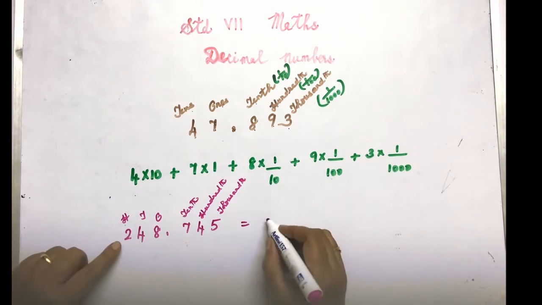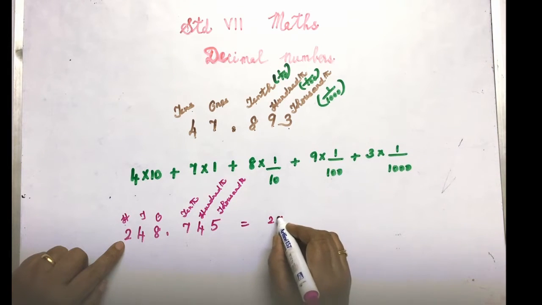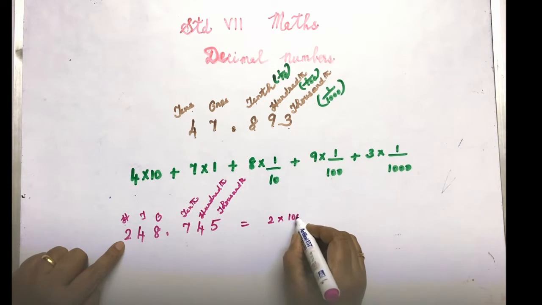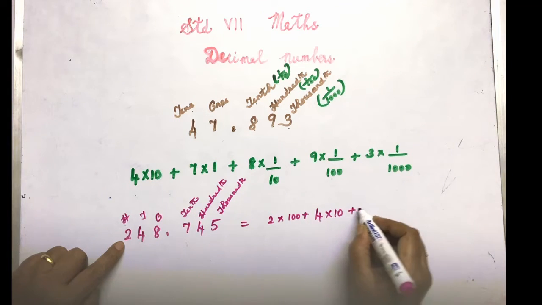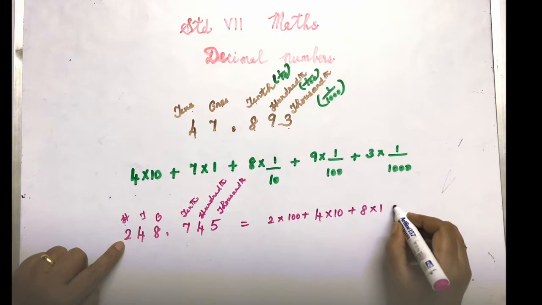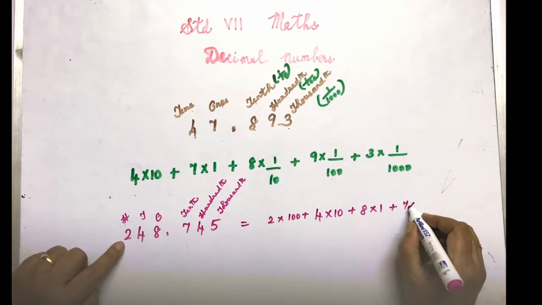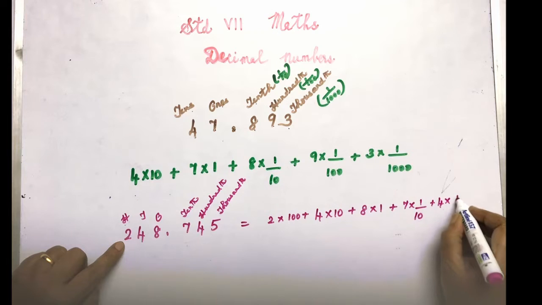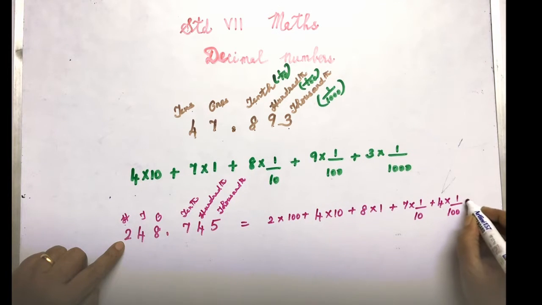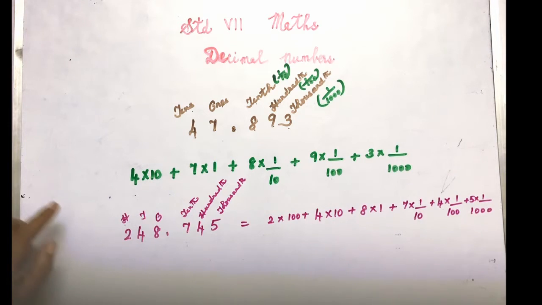So how to write in expanded form now? 2 into 100 plus 4 into 10 plus 8 into 1 plus 7 into 1 by 10 plus 4 into 1 by 100 plus 5 into 1 by 1000.